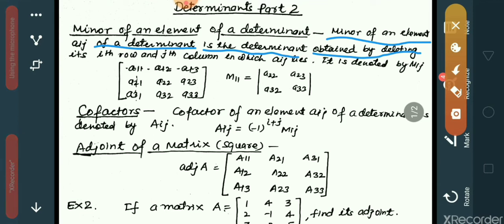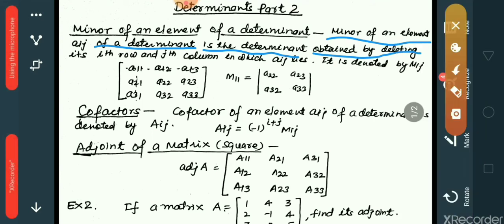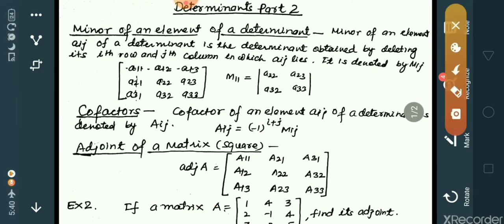So children, suppose you want to find the minor of A11, then simply it will be M11, and as it is said in the definition, strike out the row and column lying along this element, that is first row and first column.